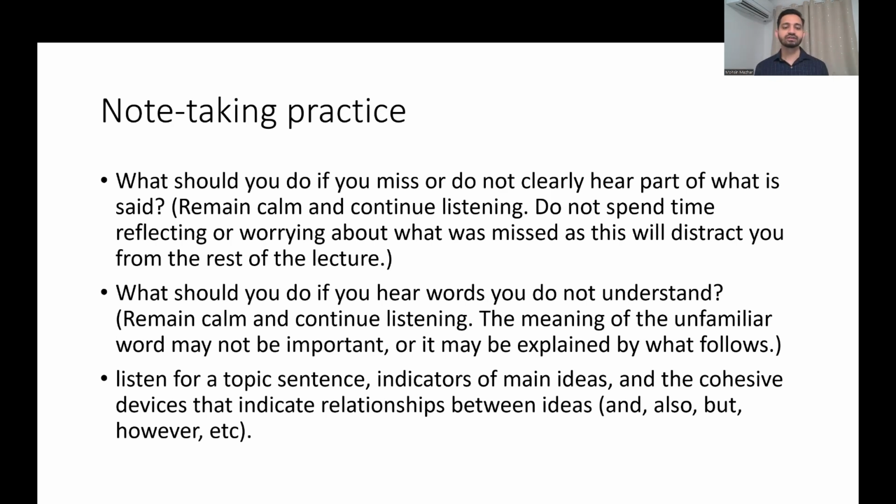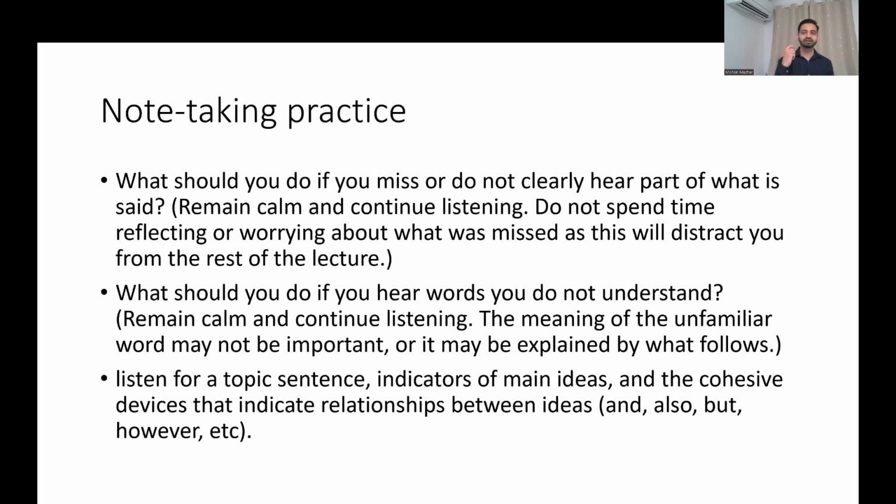You've got to listen for a topic sentence, indicators of main ideas, and cohesive devices that indicate relationships such as and, also, but, however. Now we know and and also are giving you more information. These are cohesive devices, and you should also use them when you are retelling your lecture. This was discussed, and that was discussed, also that was discussed.